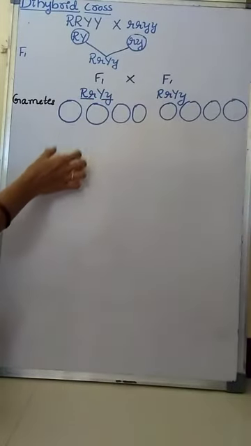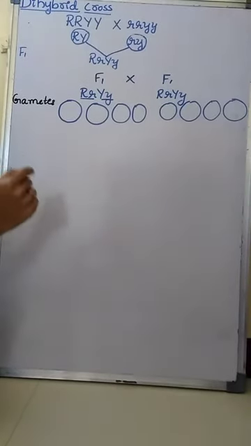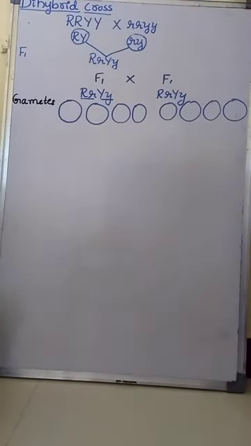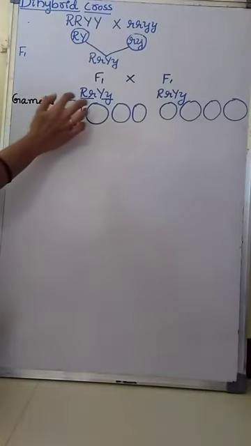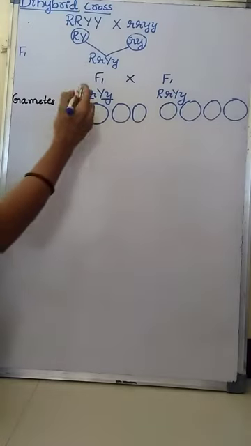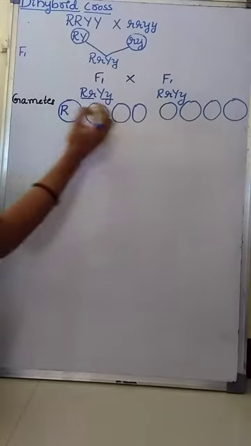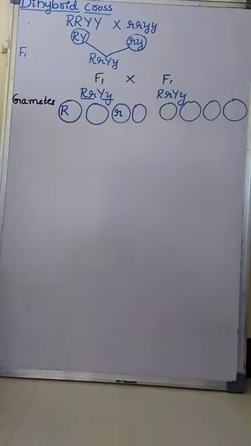During the formation of gametes, one allele with respect to one character enters into the gamete. That means one allele responsible for one character enters into the gamete. See, from capital R and small r, both have an equal chance, 50% chance, to enter into the gamete.